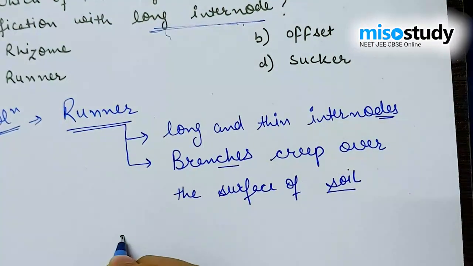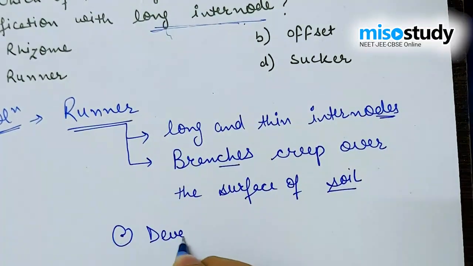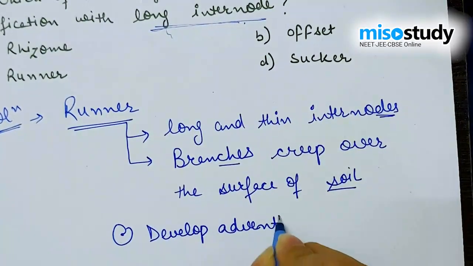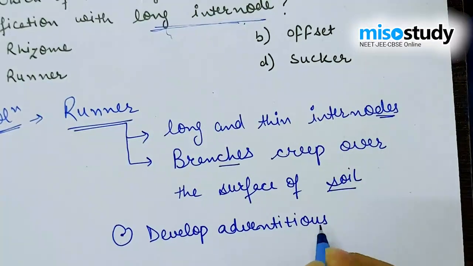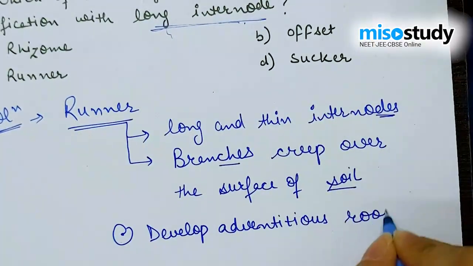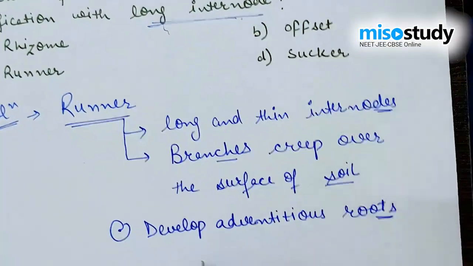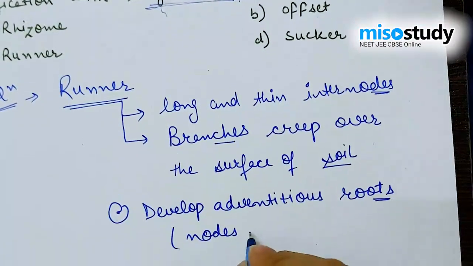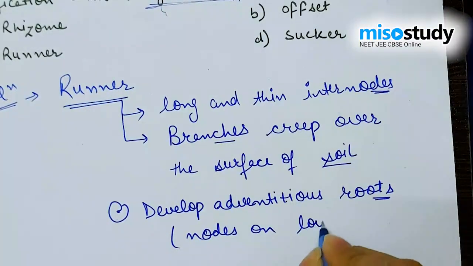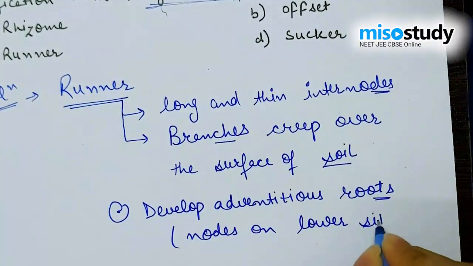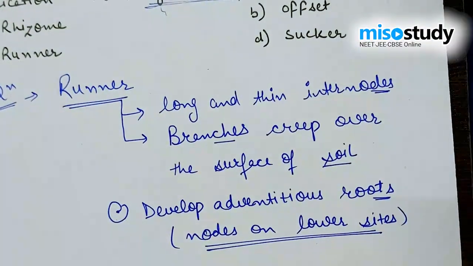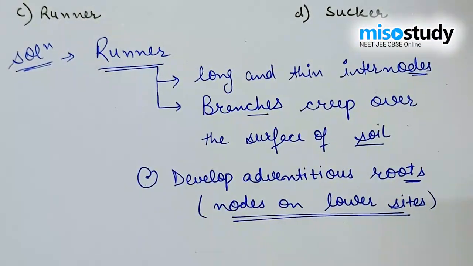The peculiar branches they possess generally develop adventitious roots, and that kind of root is present at the nodes on the lower side of the stem.